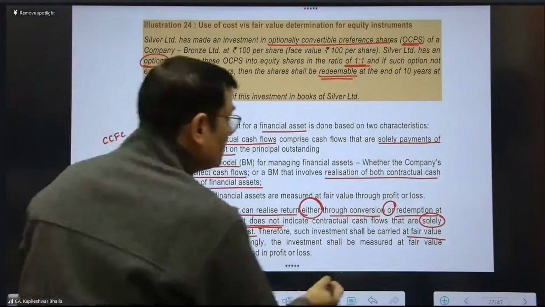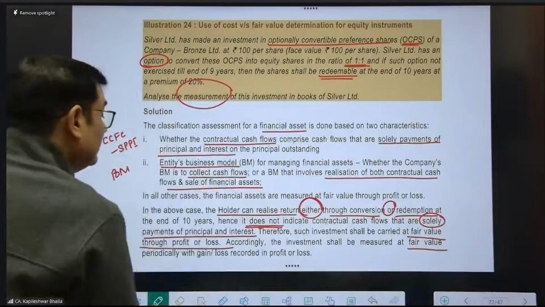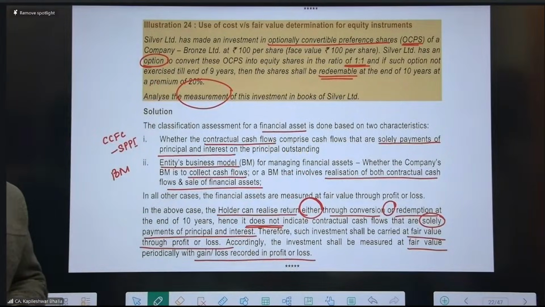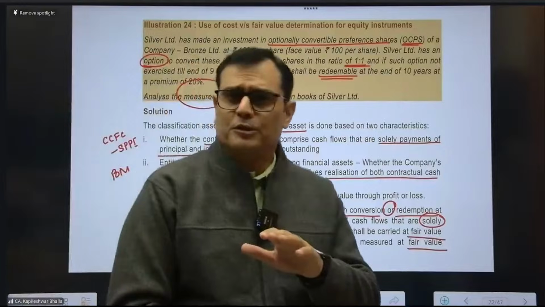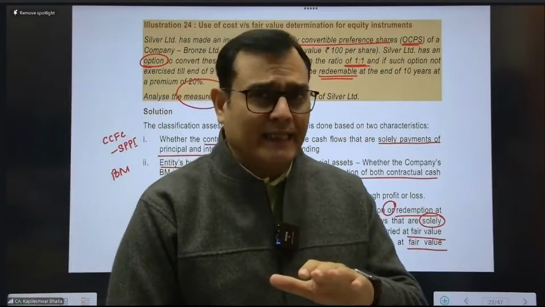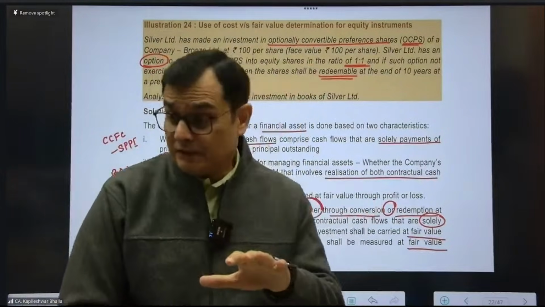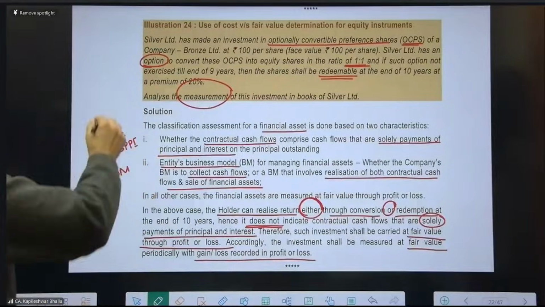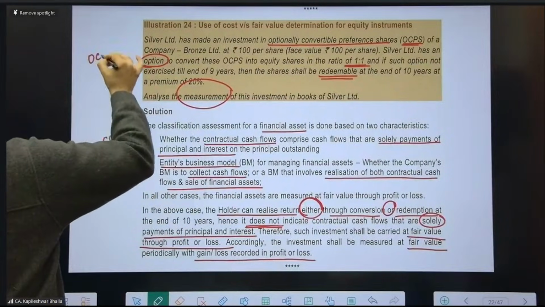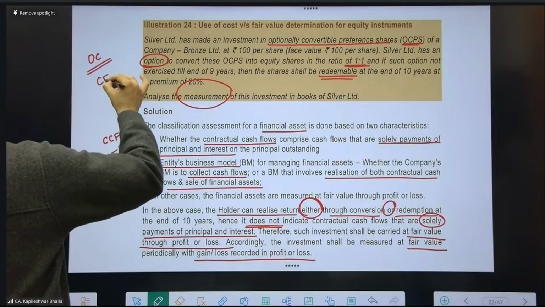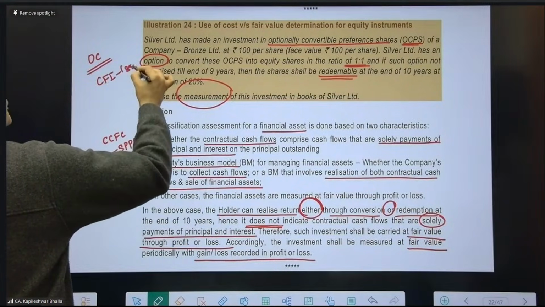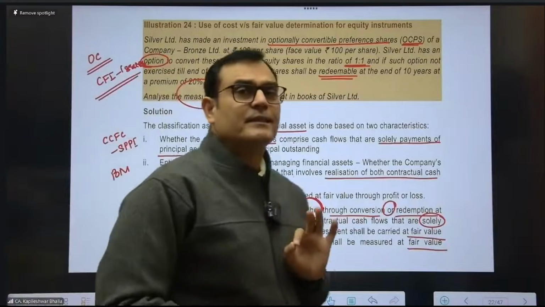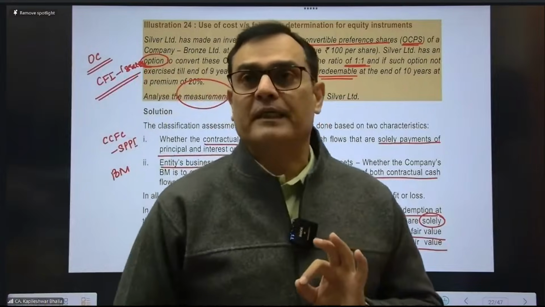Accordingly, the investment shall be measured at a fair value, and periodically the gains or losses will be taken in the profit and loss. I think somebody asked me a question. Did you get your answer on that? What you were asking, I think I missed your name in between. So did you get the inputs that why did I say that optionally convertible instruments, which is a CFI from the issuer perspective, generally will fail the concept of CCFC SPPI test.